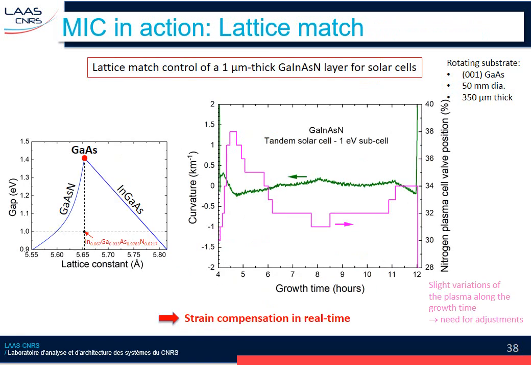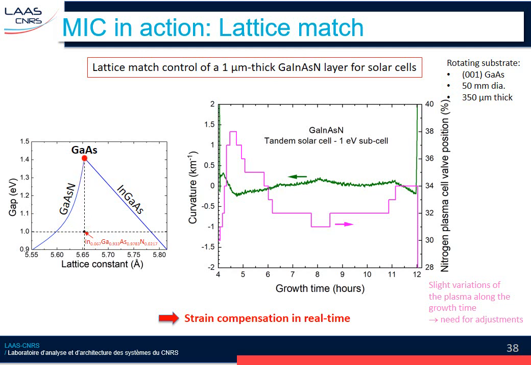We can also use this curvature measurement tool to lattice match, or control the lattice matching of thick alloys to the substrate. So in this example, we align the lattice parameter of this quaternary alloy to gallium arsenide.